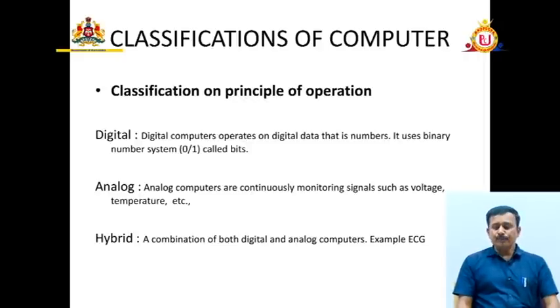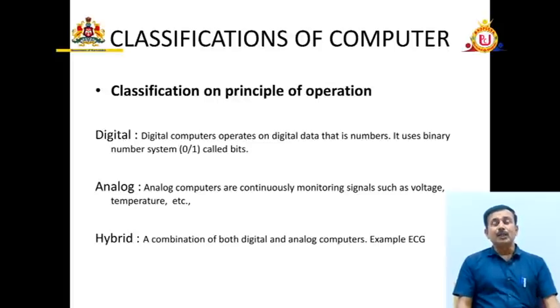Next we'll move on to hybrid type of computers. Hybrid means it is a combination of both digital and analog type of computers. Digital computers process step by step, whereas analog computers process continuously monitoring signals.